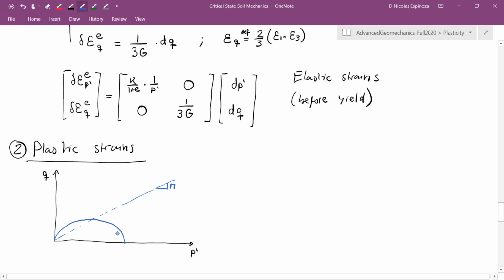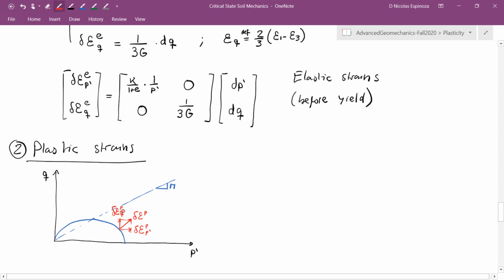And we have a yield surface in which the plastic strains are going to be given by a vector which is normal to the yield surface. And I can decompose vectorially this vector into the component in the volumetric strain and the component on the deviatoric part.